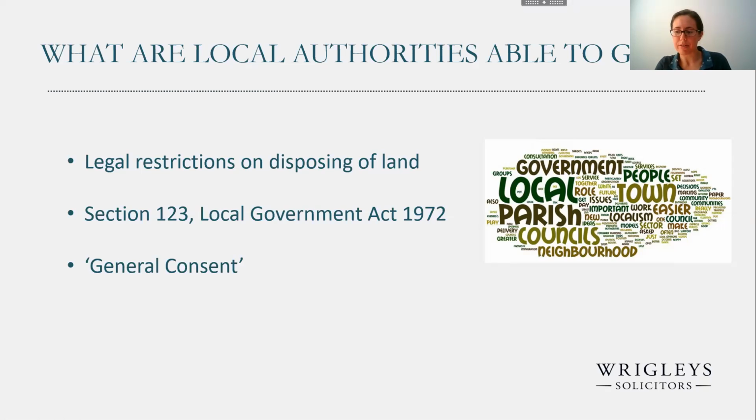And also provided that the undervalue is not more than £2 million. There are a couple of exceptions to that, and particularly be wary around public open space and playing fields. But the broad gist is that if you fit into those categories of something for the promotion or improvement of economic, social, or environmental well-being, there may well be a chance that the authority can make that disposal of land at less than market value.